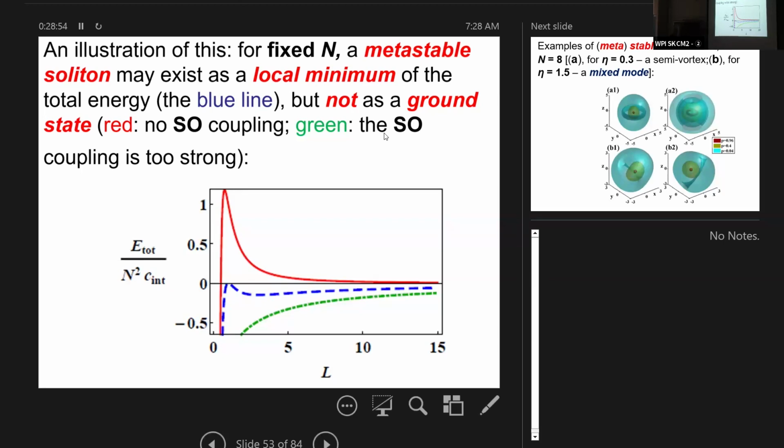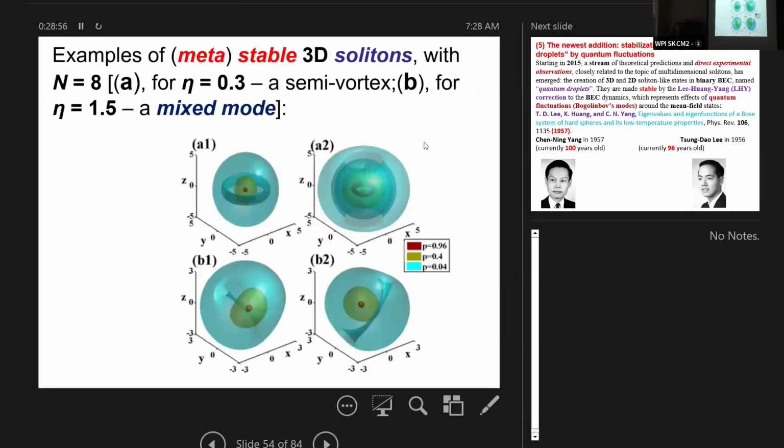Indeed, this qualitative prediction can be confirmed by the full numerical solution, as these are examples of stable three-dimensional solitons, which are stable against small perturbations. They are shown by means of level plots of the densities. Again, we have two types of solitons. In the top row, we have an example of the semi-vortex. This component has 0 vorticity.